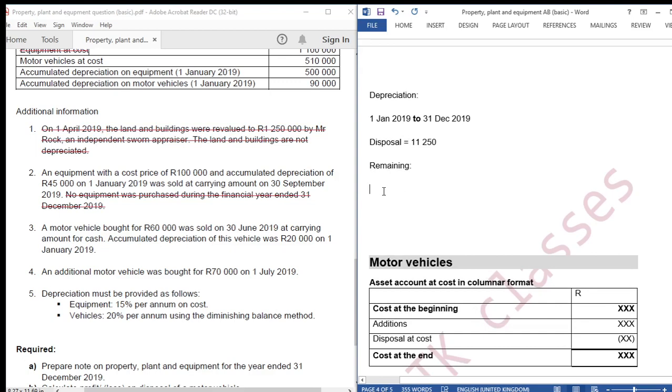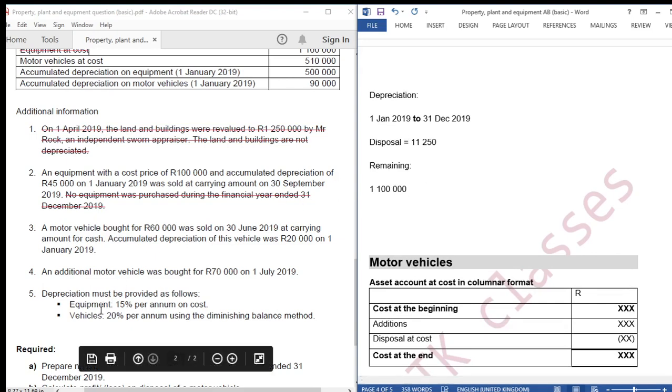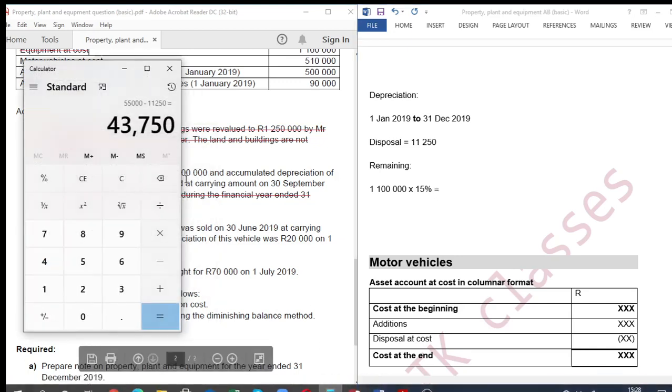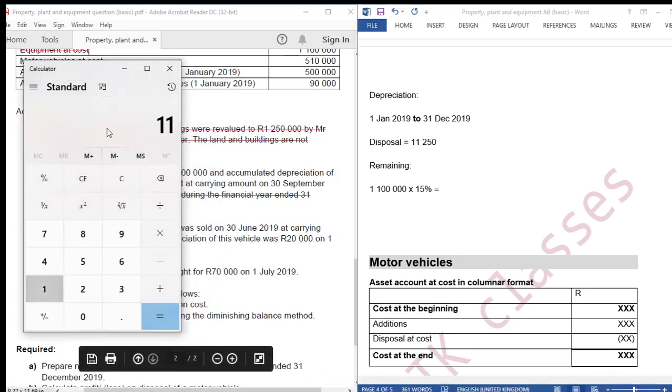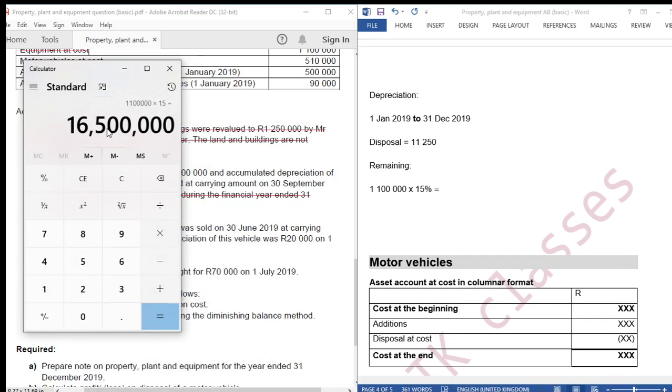So we are going to come here and say 1,100,000. Multiply by 15% is equal to 1,100,000 multiplied by 15%, is equal to 165,000.